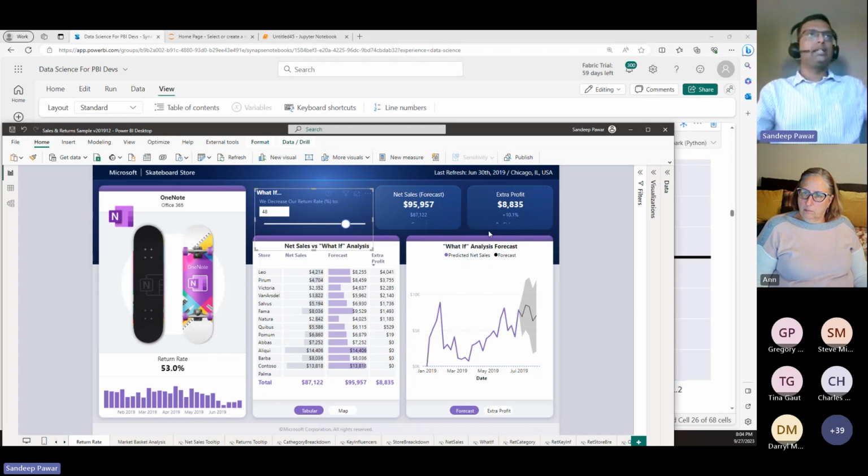How likely this store, Pyram store, is to have a lower percentage return versus a high percentage return.